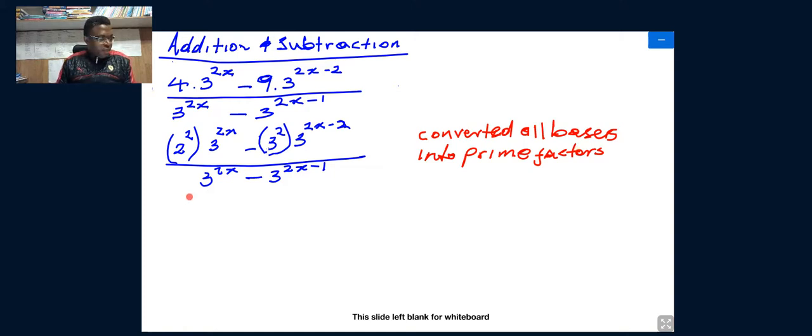We have done that now. I'm going to take out a common factor here. The common factor is going to be 3 to the power x.